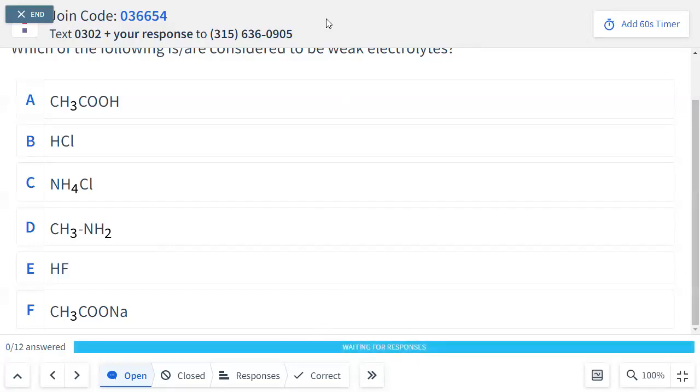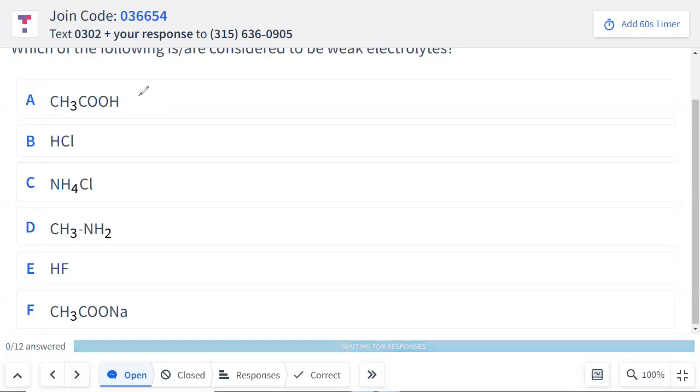So this first one is acetic acid. If I react it with water, it's going to make H3O plus and CH3COO minus.